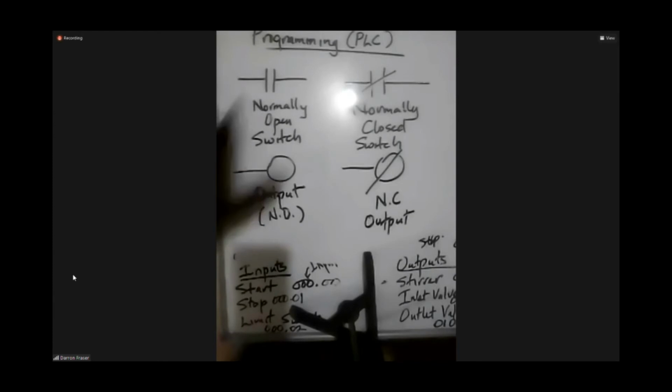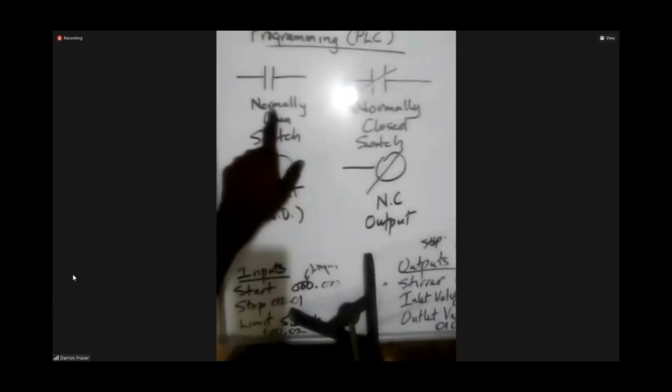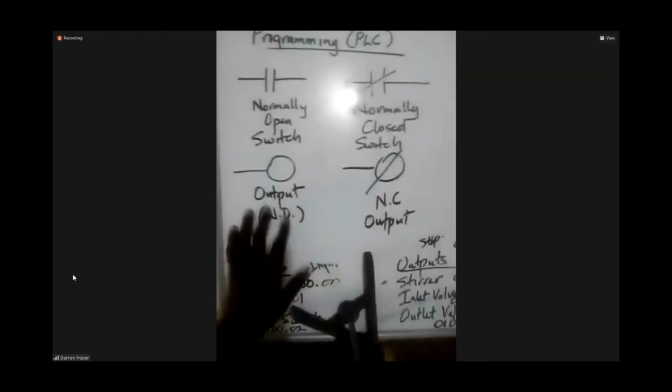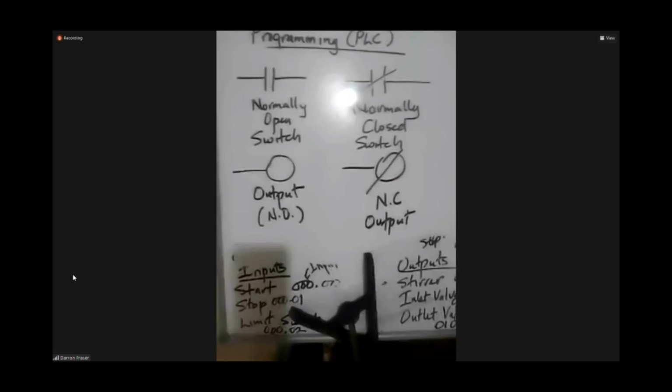But the basic program that we're going to use involves normally closed switches, normally open switches, normally open outputs, normally closed outputs. All right, so having said that, let me go to some programming constructs.